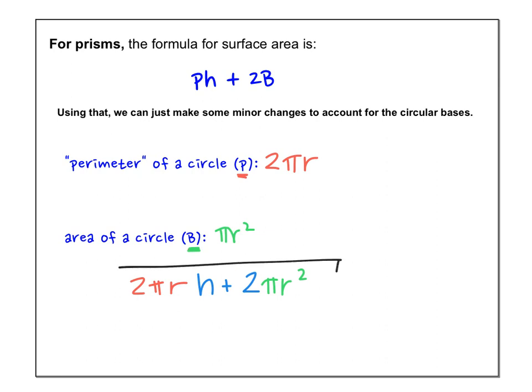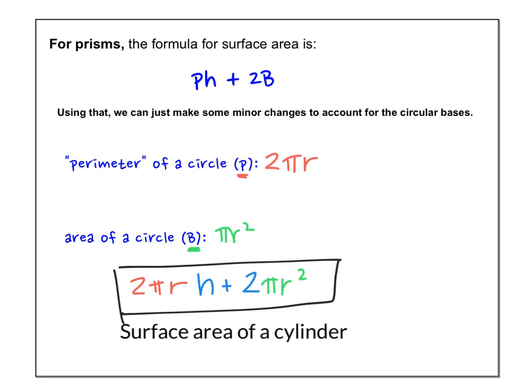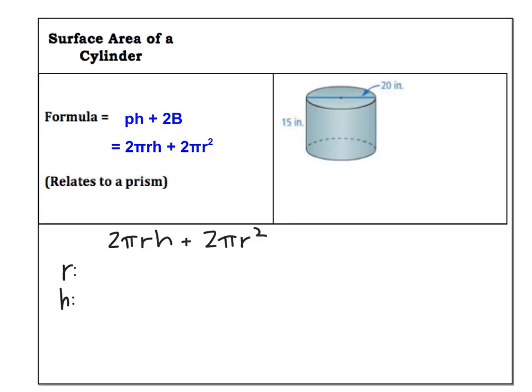This gives me the surface area of a cylinder. If you're taking notes, the first thing you want to make sure to get down is the formula of 2 pi r times h plus 2 pi r squared. And I think it helps to remember that it comes from the prism formula of Ph plus 2B.